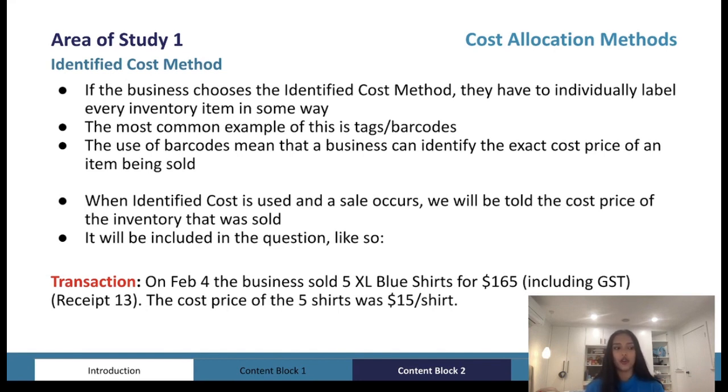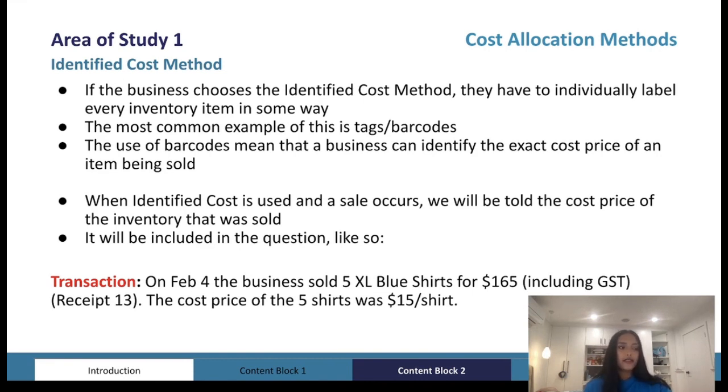And so for that particular sale, you'll record the cost price at $15 instead of trying to guess the cost price. Because obviously in your inventory card, you have multiple batches of inventory. So you're not too sure about which batch, but if you have barcodes, you can actually accurately tell what the cost price is.